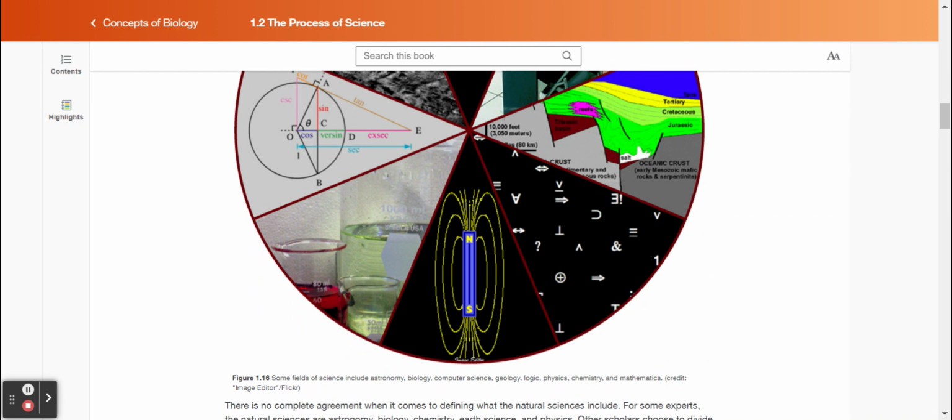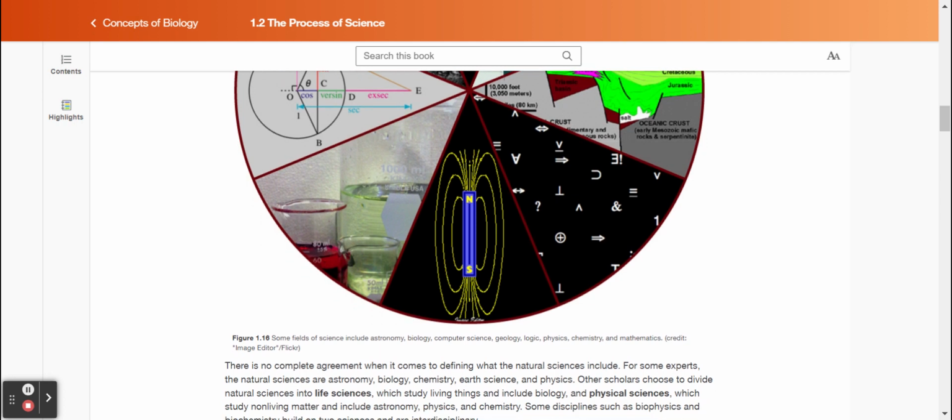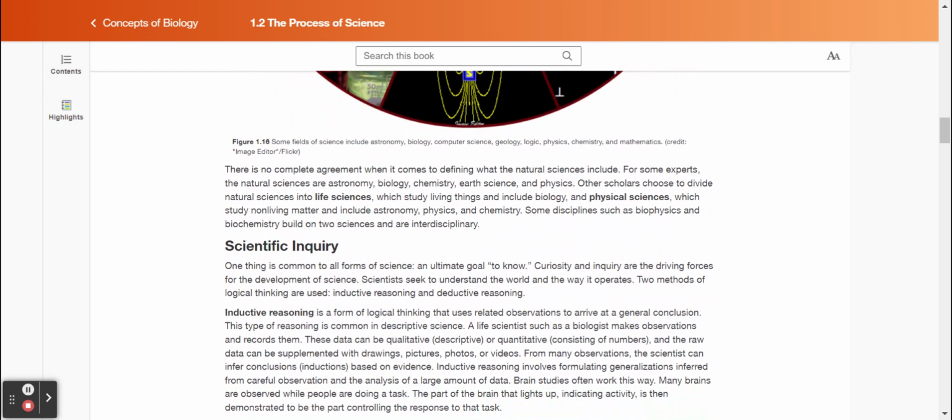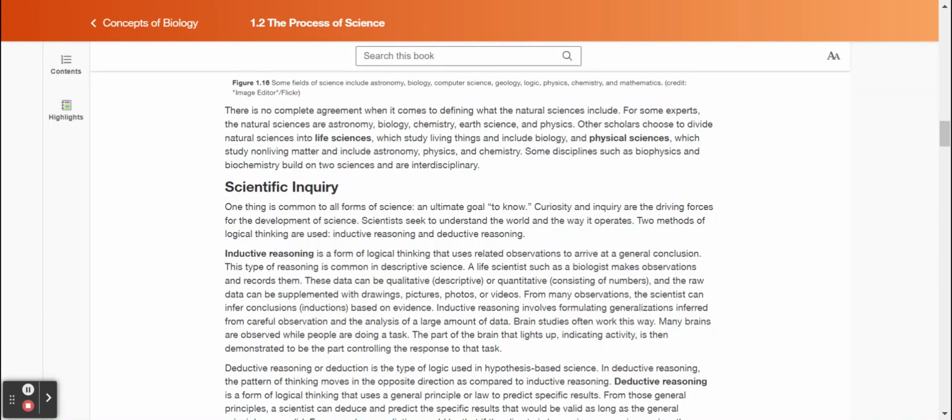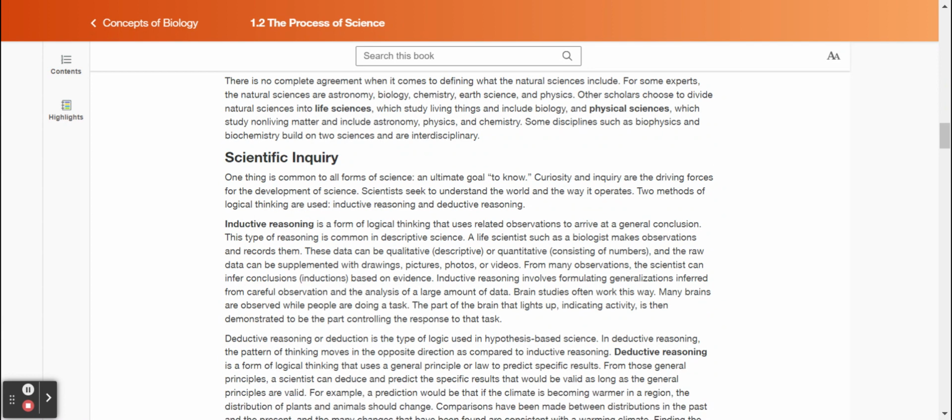Figure 1.16. Some fields of science include astronomy, biology, computer science, geology, logic, physics, chemistry, and mathematics. There is no complete agreement when it comes to defining what the natural sciences include. For some experts, the natural sciences are astronomy, biology, chemistry, earth science, and physics.